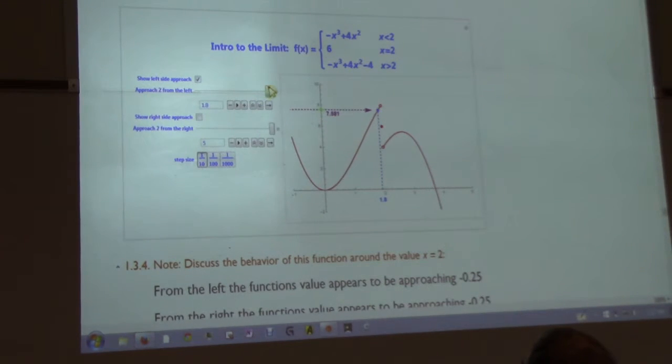As I come in from the right side, where's it headed? It's still headed towards 4. What's the function's value at 2? 6. So coming from the left is different than coming from the right, and at 2, it's totally different from both left and right.